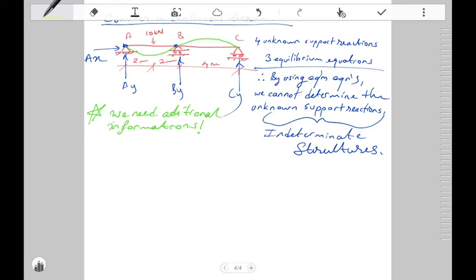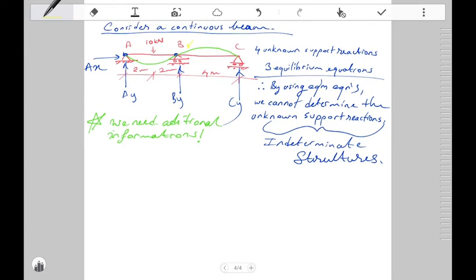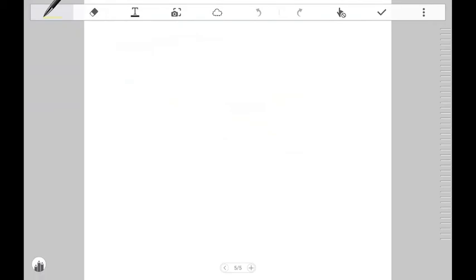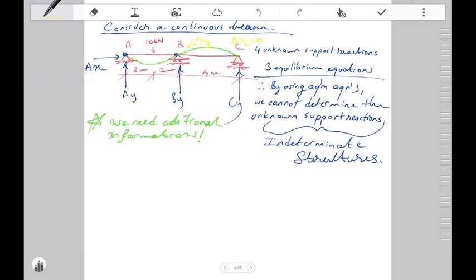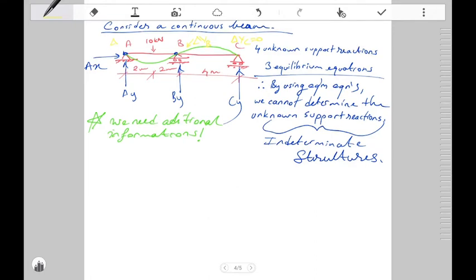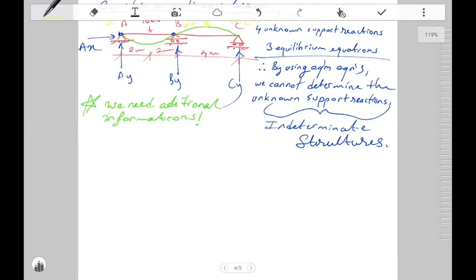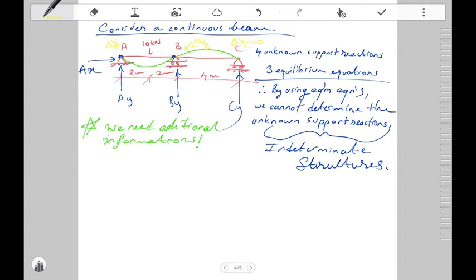But the condition here is delta yb is equal to 0, delta yc is equal to 0, and likewise delta ya is equal to 0. So these are the additional informations that I have at the structure.